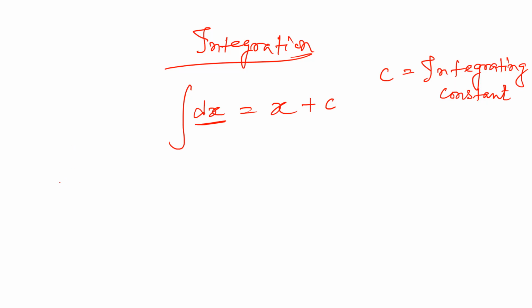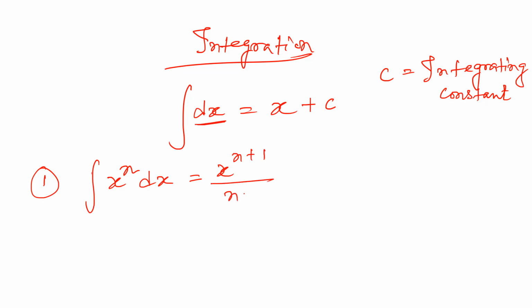So remember the first formula of integration: integration of x to the power n dx equals x to the power n plus 1 divided by n plus 1, plus c, where c is an integrating constant.